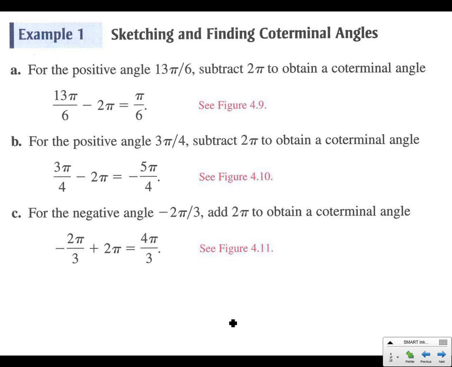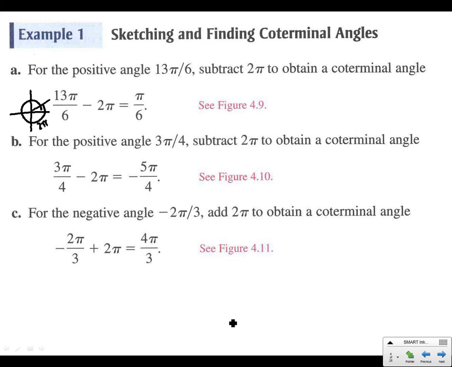All right, let's take a look at our first example here. We want to sketch and find some coterminal angles. For the positive angle, 13 pi over 6, subtract 2 pi to obtain a coterminal angle. Well, let's look at what the sketch would look like first. 13 pi over 6, we're going to spin all the way around. That's 2 pi. And then another pi over 6.